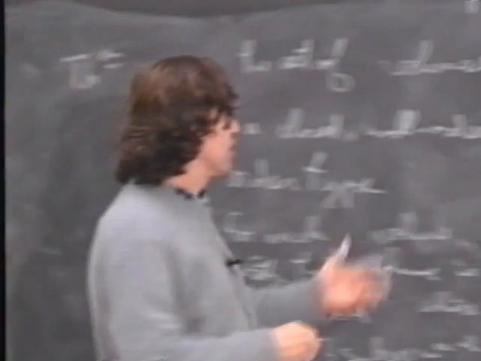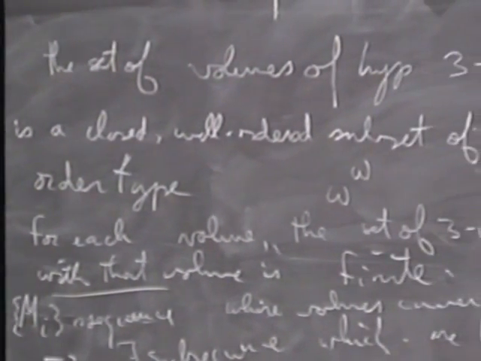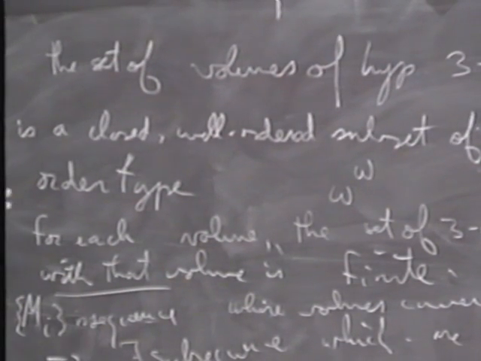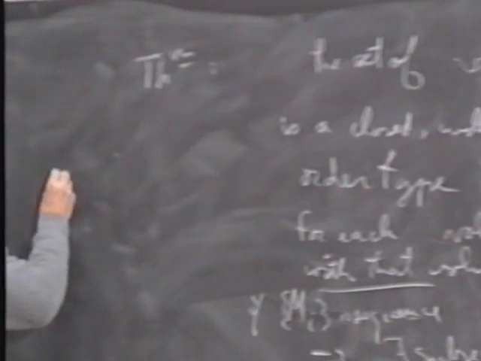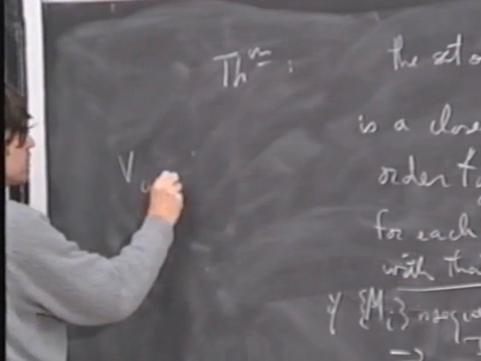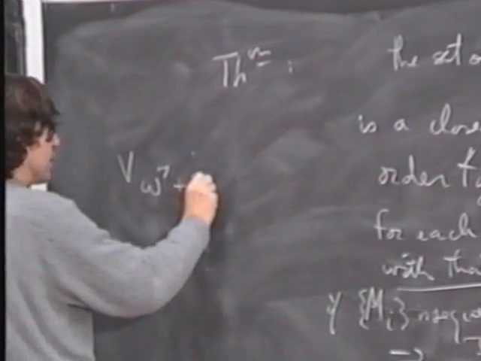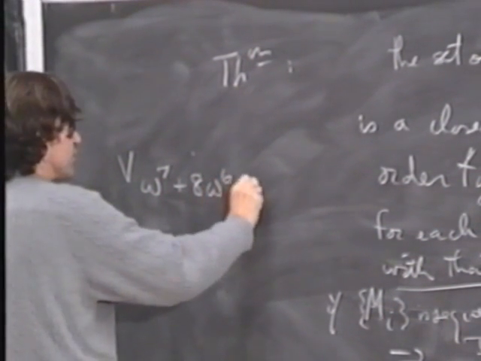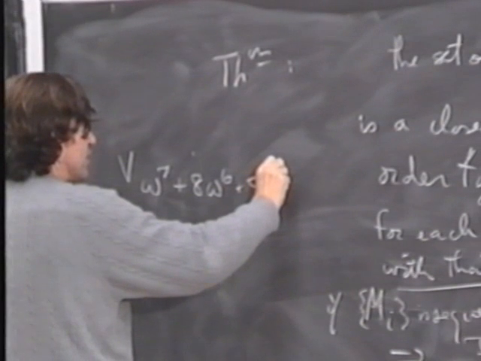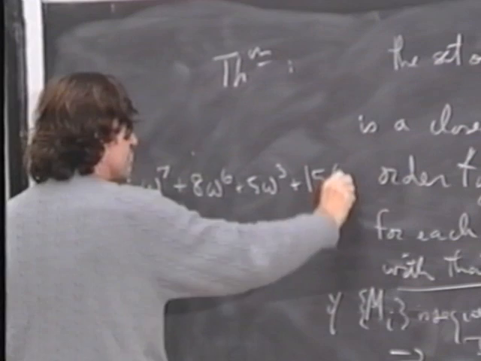So of course, each ordinal has a name. The volumes can be named by things like polynomials in omega. Like you could take omega to the 7th plus 8, omega to the 6th plus 5, omega cubed plus 156.